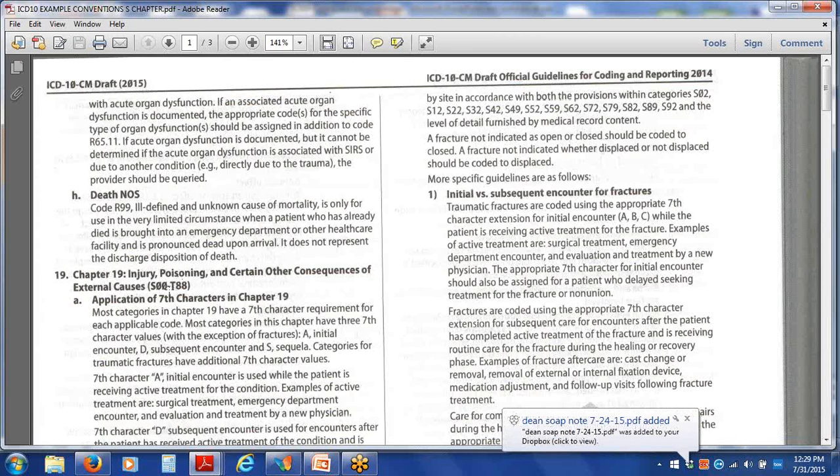The T codes deal with poisoning, overdosing, underdosing, accidental overdosing, intentional overdosing. All of that is in your T codes.